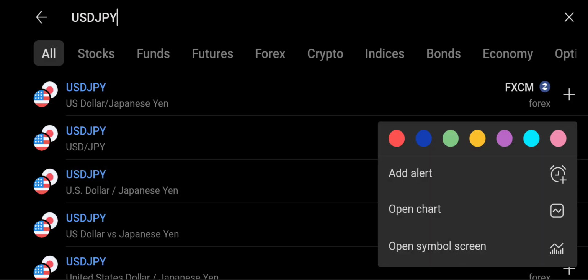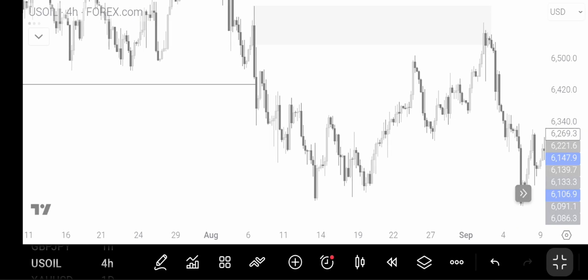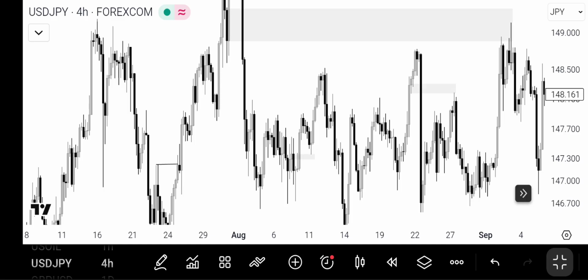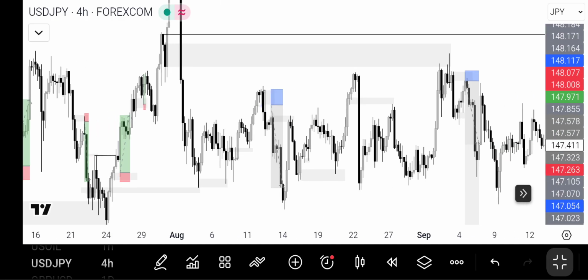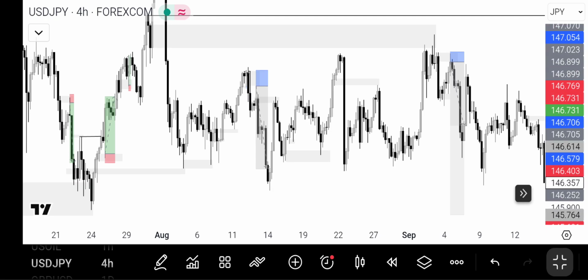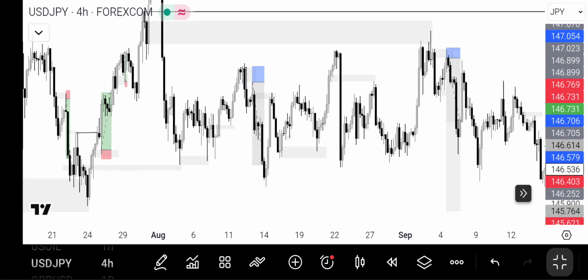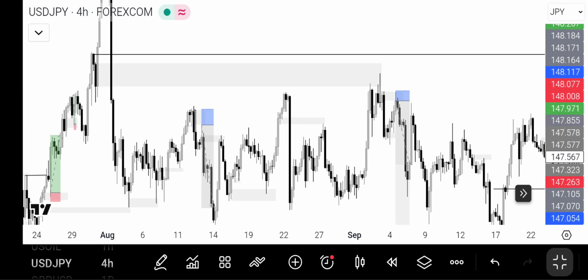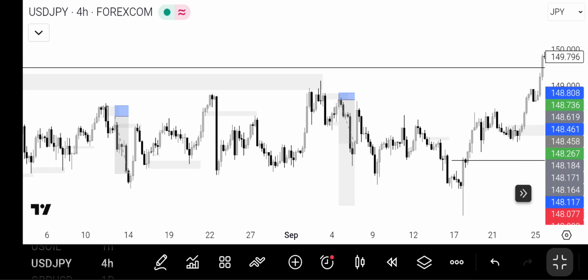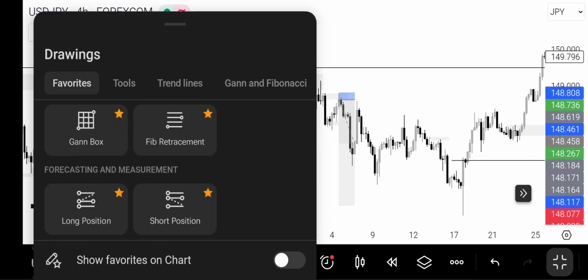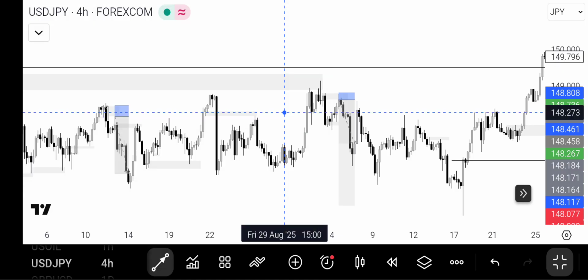Just study and know the market behavior. Each pair has their own different behaviors. Alright, yeah, it happens on USD JPY. It happens a lot. Look at this one example here. Let's mark it out and demarcate.